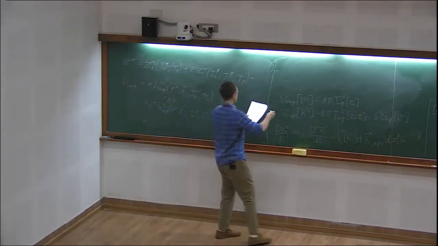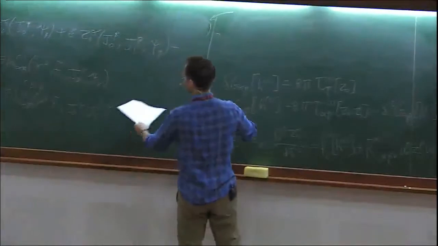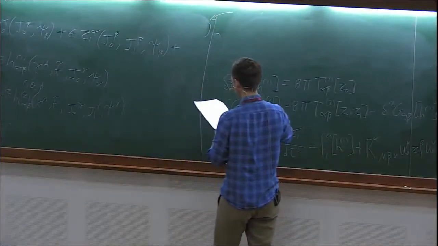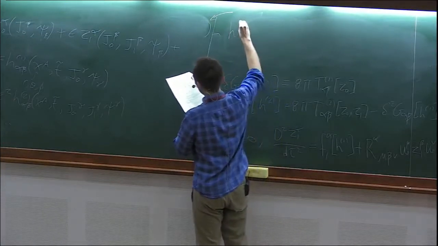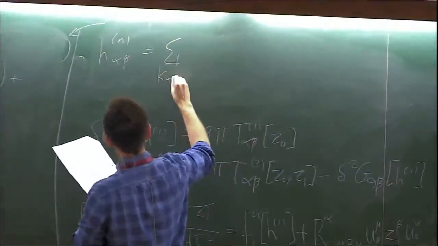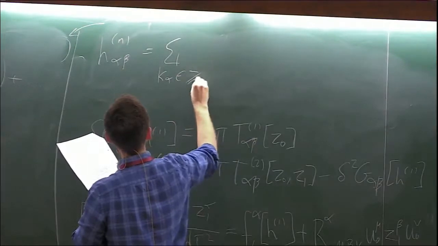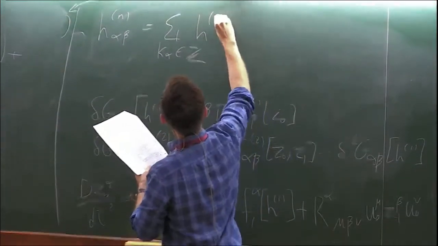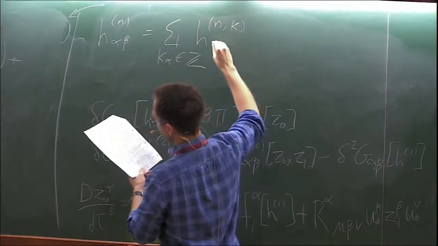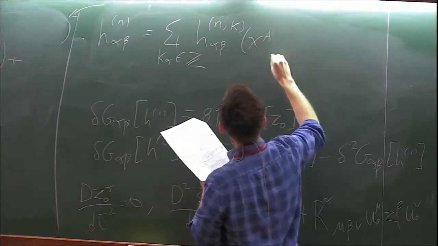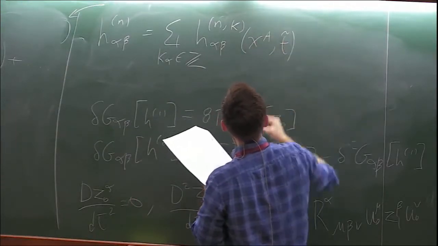Okay. Now I'm going to write these as Fourier series, taking advantage of the fact that they're periodic in the phases. So I'm going to write Hn alpha beta as a sum over oscillatory phase factors with amplitudes nk alpha beta that depend on xa and slow time.